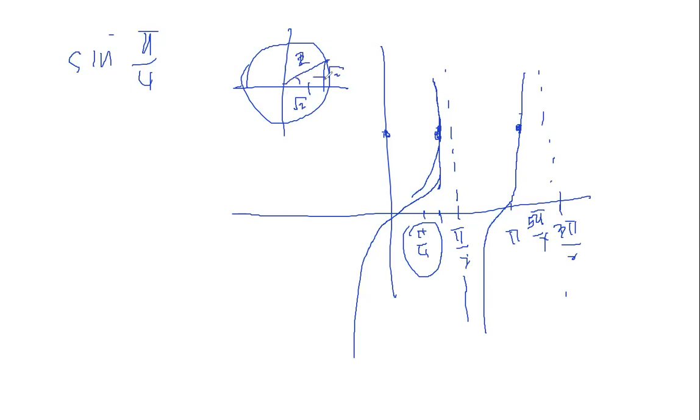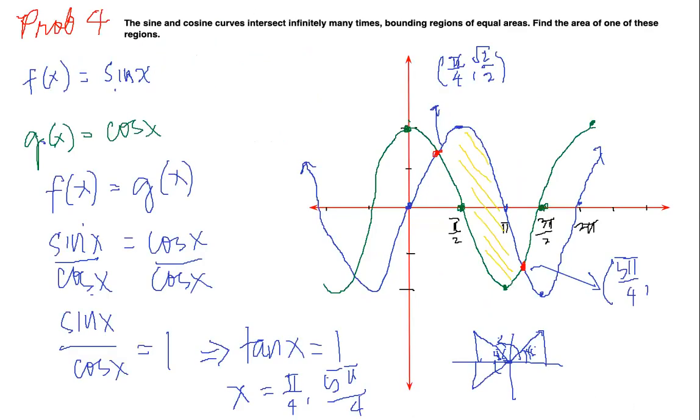So we have sine, opposite over hypotenuse, square root of 2 over 2. And this one is pi over 4. That's what? Sine pi over 4, that's in the third quadrant. So let's solve it again.